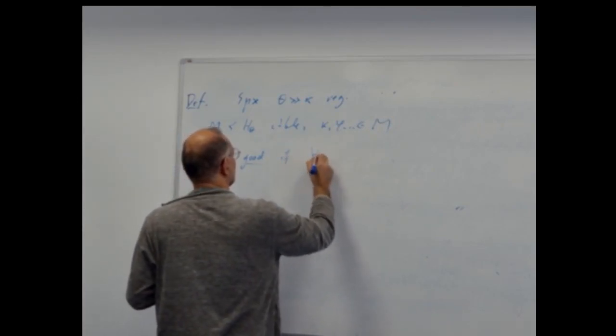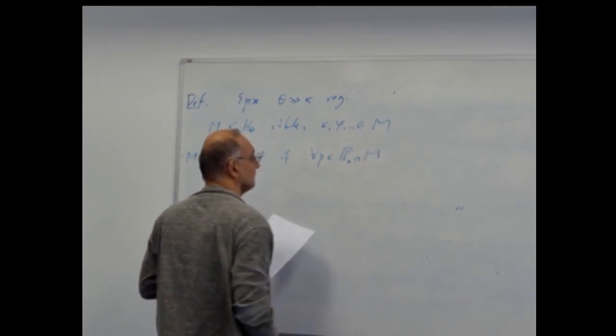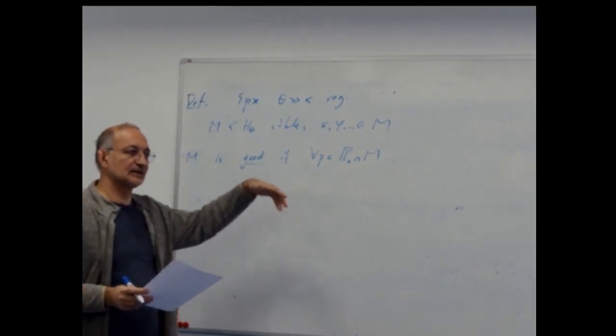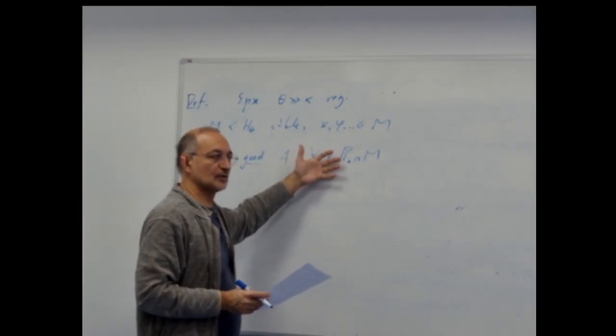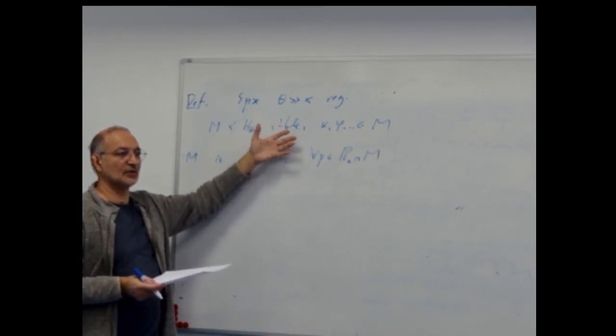If for every p in P kappa intersection N, basically our naive idea for how we're going to witness semi-properness for N.